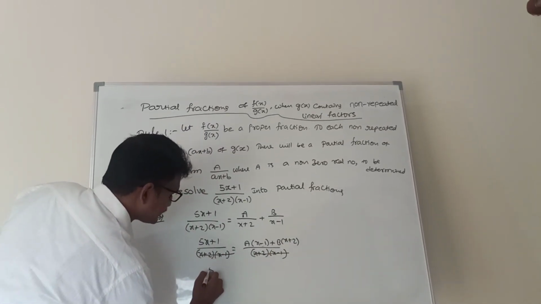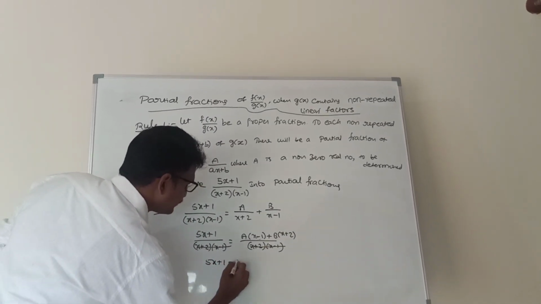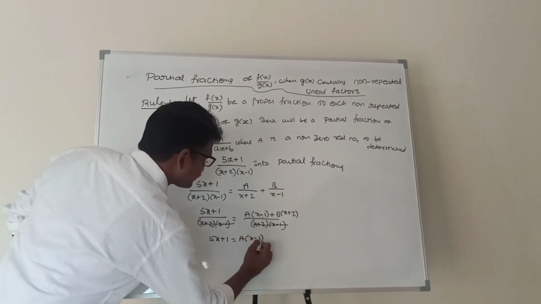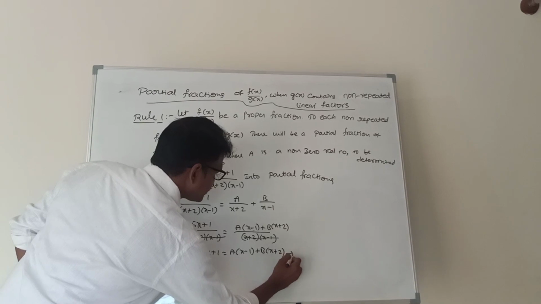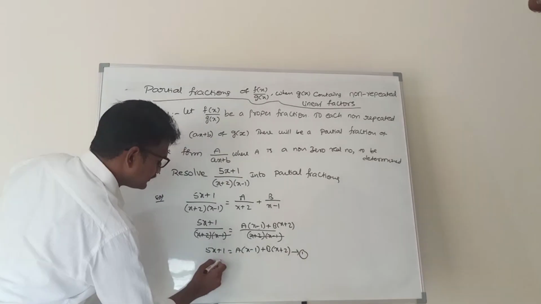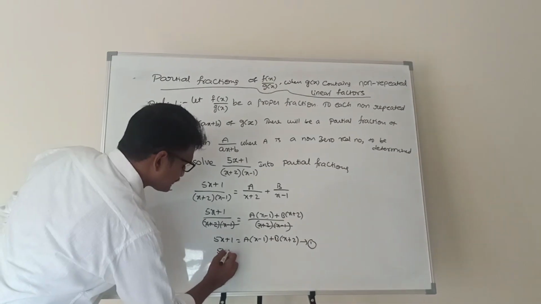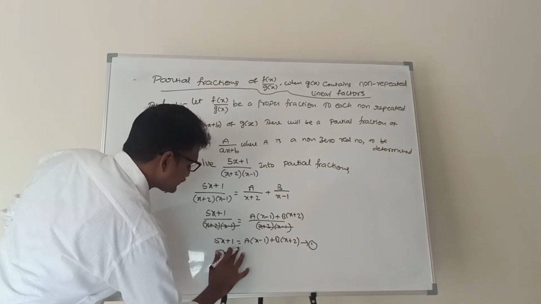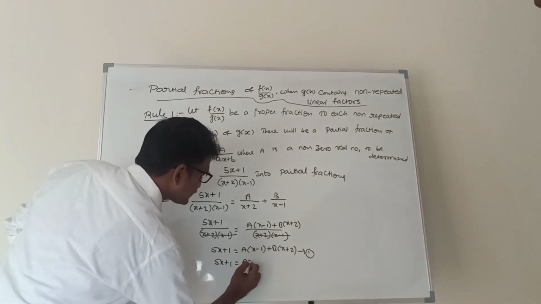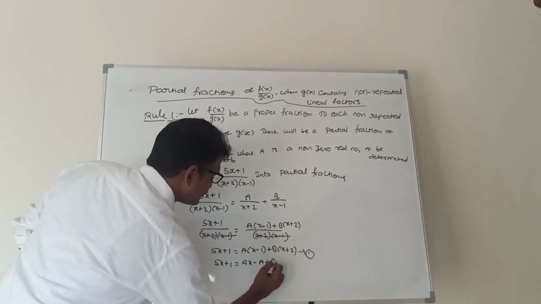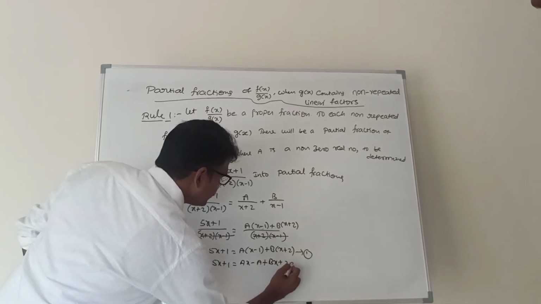Both denominators get cancelled. 5x plus 1 is equal to A into (x minus 1) plus B into (x plus 2). Consider this as equation number 1. So the left hand side 5x plus 1 is equal to Ax minus A plus Bx plus 2B.